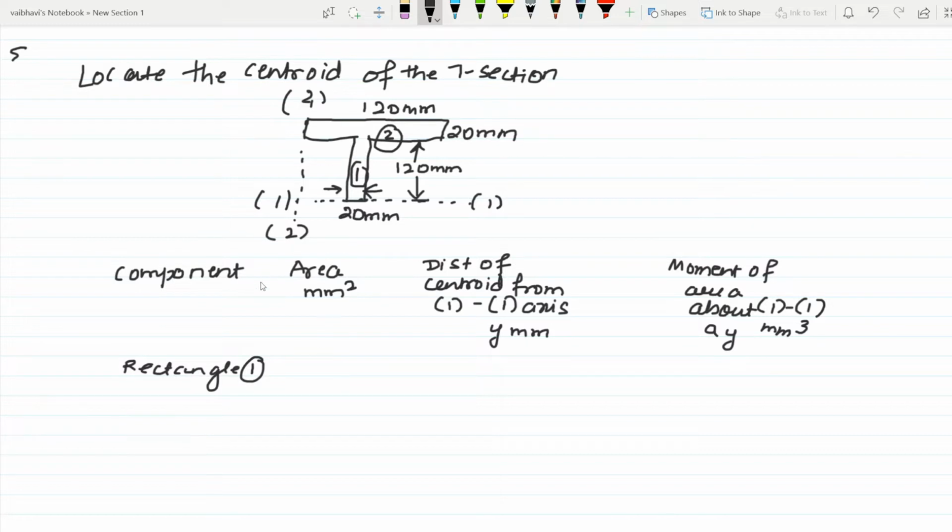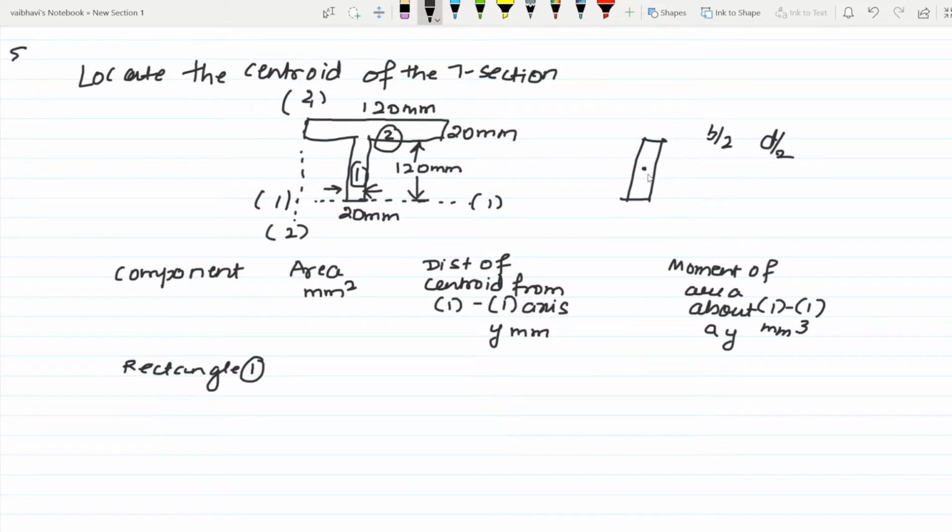that is the web portion, this one. If I draw only this web portion, its centroid is at the center. We always know for a rectangle it is at b by 2 and d by 2, center of the thickness and center of the height.